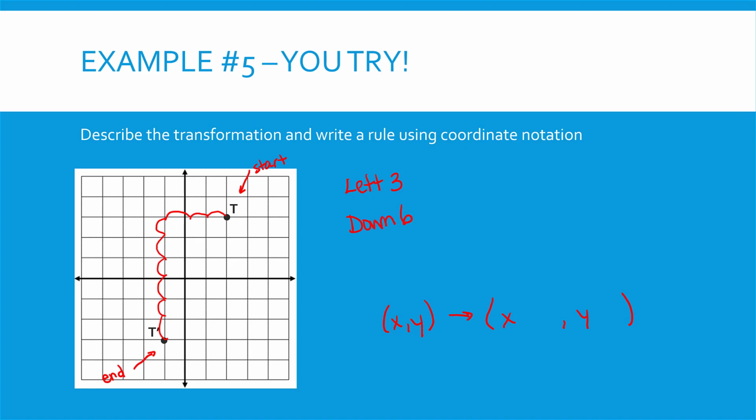So when I go to write my rule, the x-axis is your rights and your lefts. So left would be negative or minus. And it says left 3, so -3. And my y-axis goes ups and downs. So down would be negative or minus, and it says 6 units, down 6.